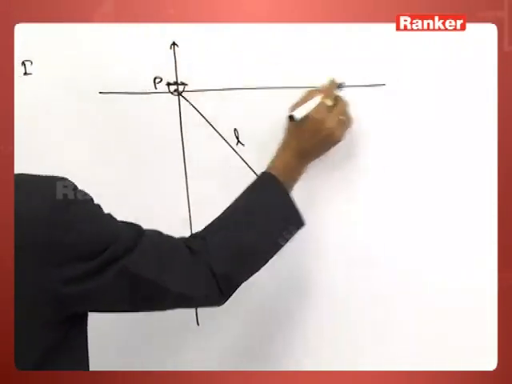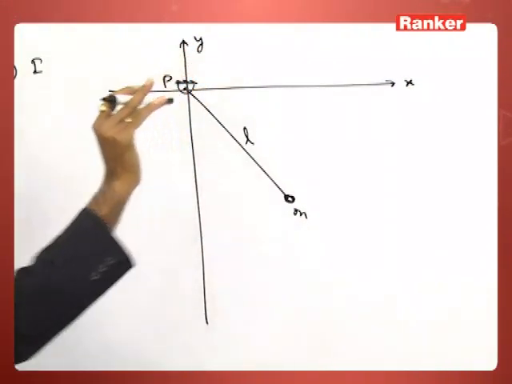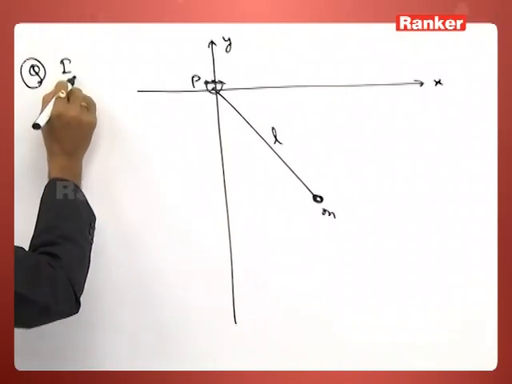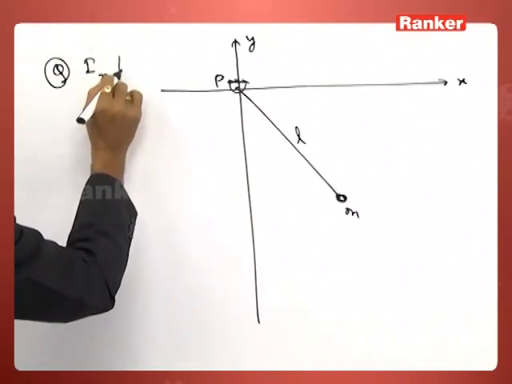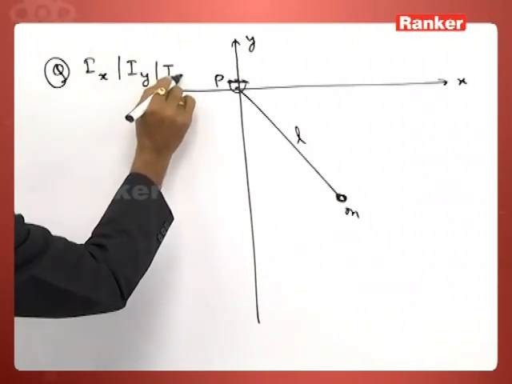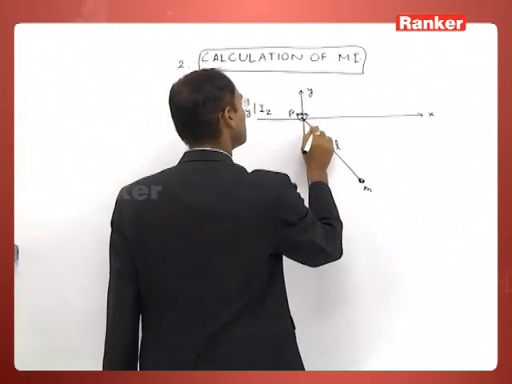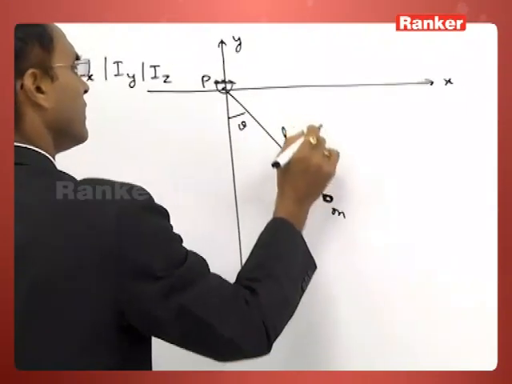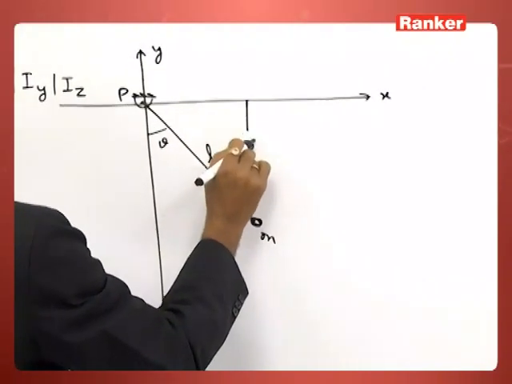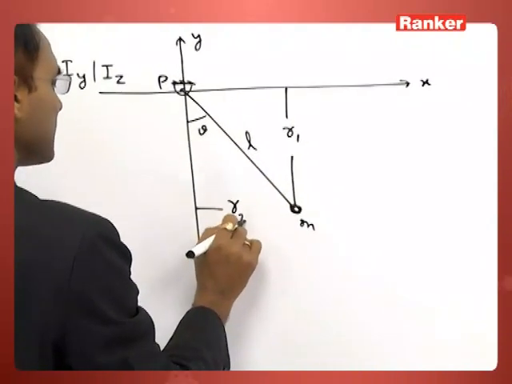We have taken three axes: x-axis, y-axis, and z-axis. We need to calculate moment of inertia about x-axis, moment of inertia about y-axis, moment of inertia about z-axis. For x-axis, this is the perpendicular distance, let it be r1. For y-axis, this is the perpendicular distance, that is r2.